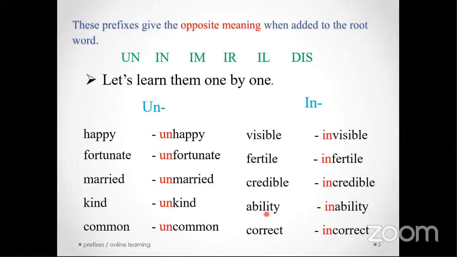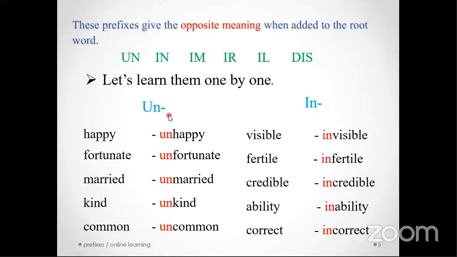Next one, ability, හැකියාව, and with the prefix it is inability, නොහැකියාව. The last word, correct, නිවැරදි. With the prefix, it gives the opposite meaning, incorrect, වැරදි, right?